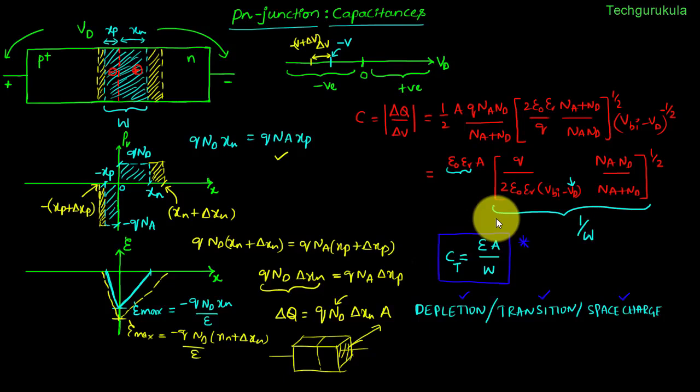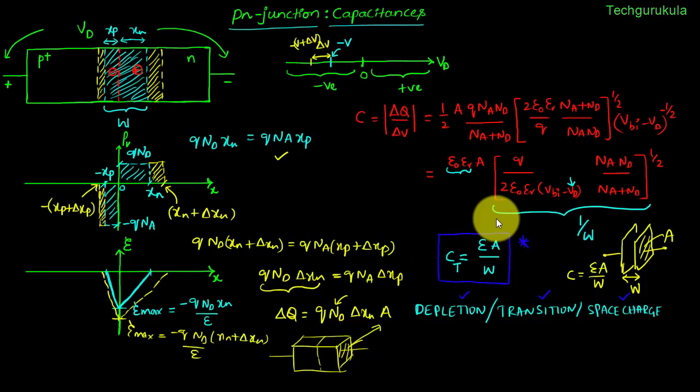We know that a parallel plate capacitor also has a similar formula, where we have two plates in parallel, each plate of area A, the distance between the plates is W, and these are the two terminals. We can say the capacitance of this parallel plate capacitor is C equal to epsilon A over W.